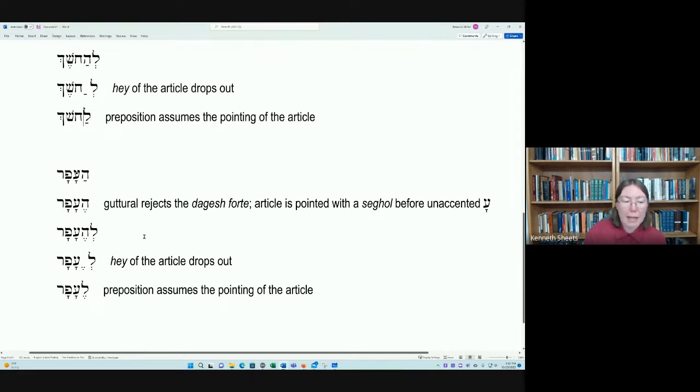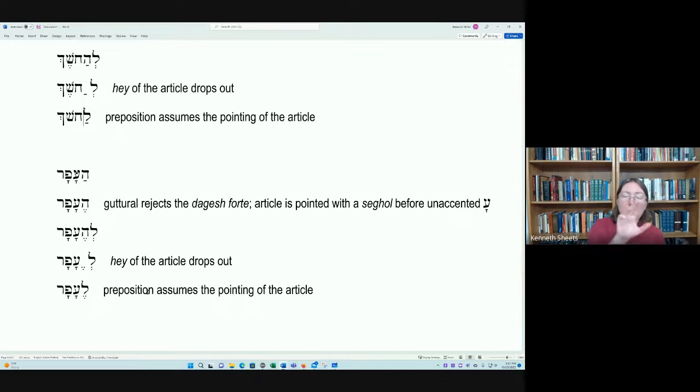But now I'm wanting to say to the dust. So thus I would put the lamith preposition on the front of it. But again, the hey, being a weak sound, is going to drop out, leaving us with the vowel alone, which is an impossibility in Hebrew. And so the lamith preposition is going to assume the pointing of the article, leaving us with the form le afar. And so that then is what you will see when you have a preposition followed by the article, followed by the noun.